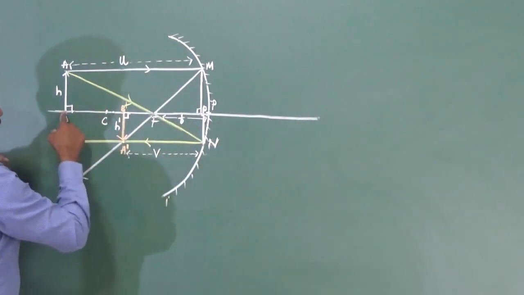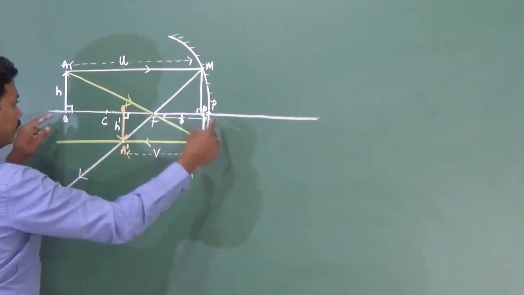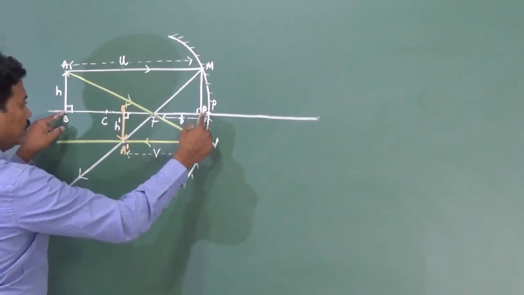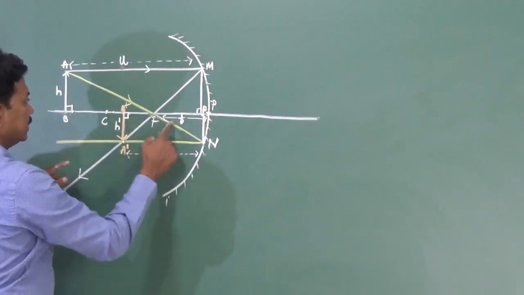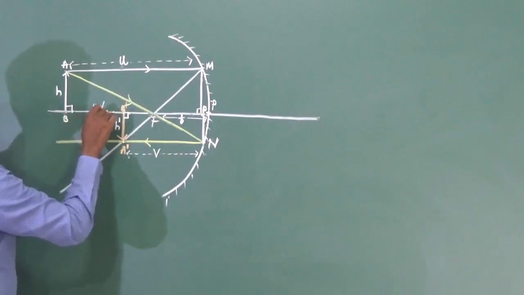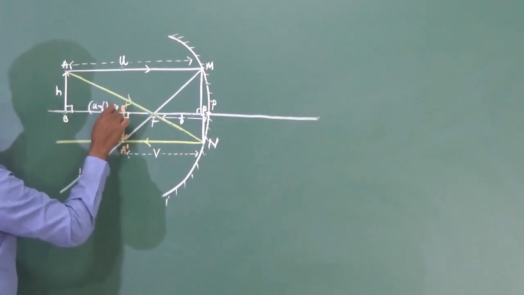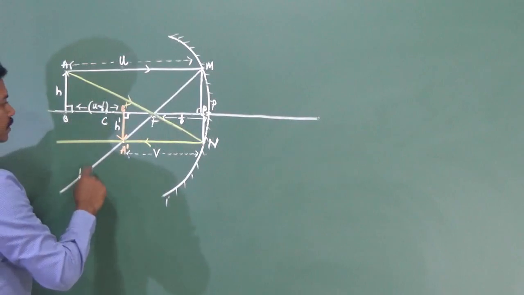When you take this F out of U, the remaining is U minus F. So the BF length will be U minus F. Okay, very simple.